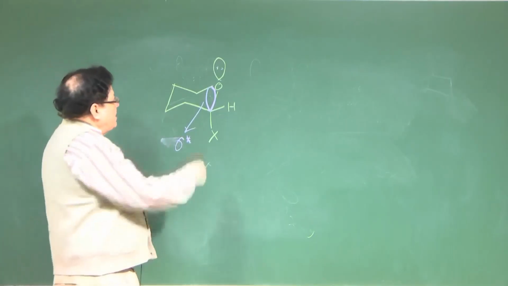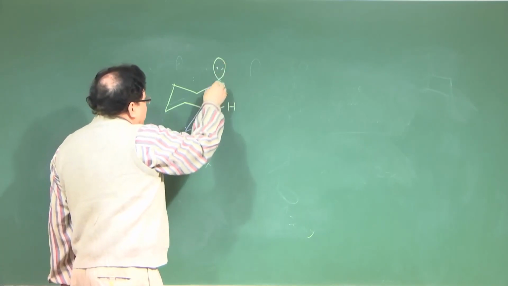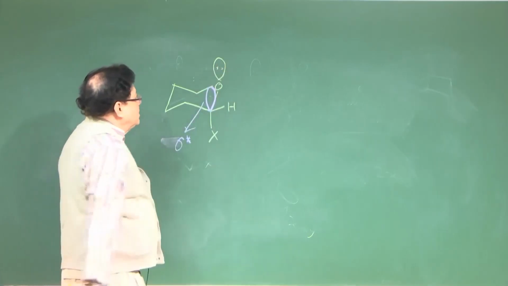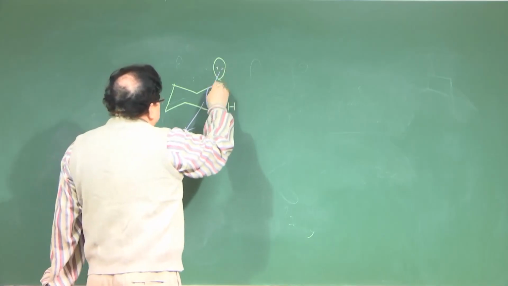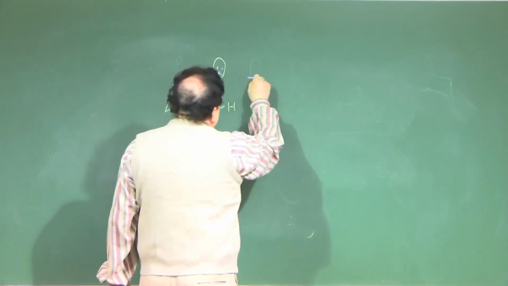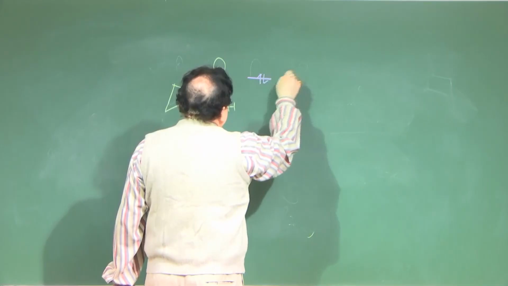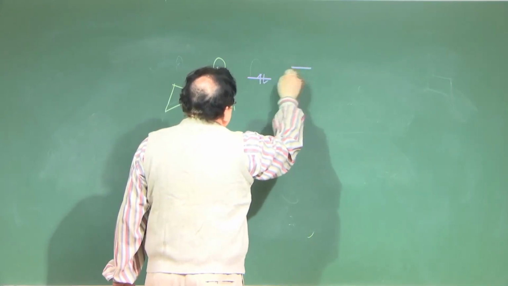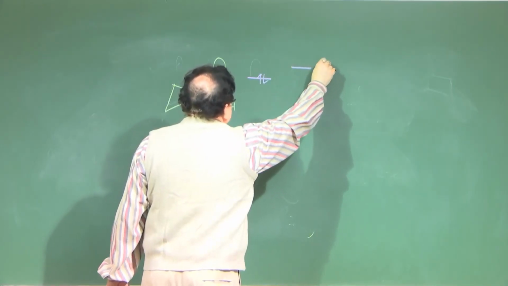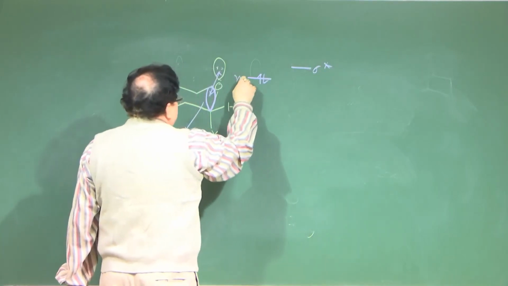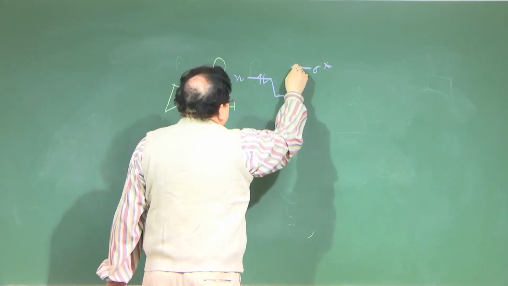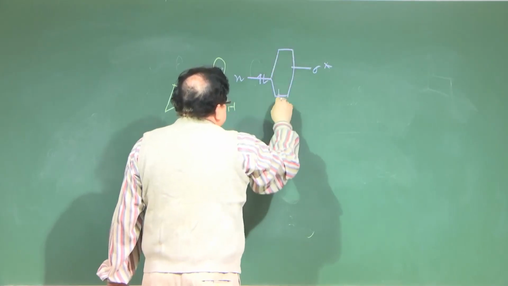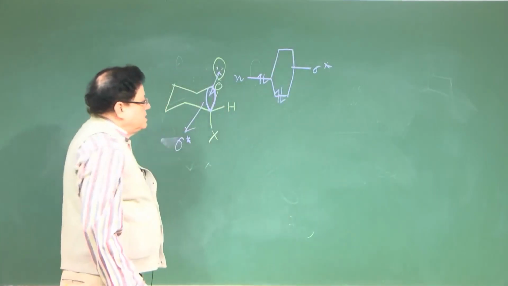That orbital is vacant, but it is lying exactly parallel to the lone pair. So, now lateral overlap is possible. That is the empty sigma star, and that is the non-bonding lone pair. So, that gives an overall stabilization of the system.